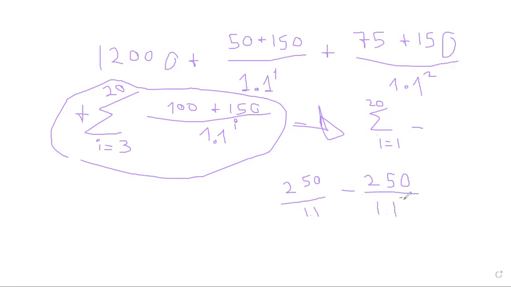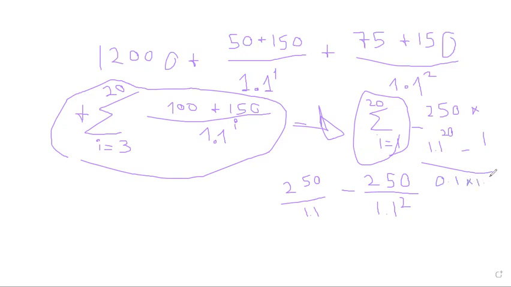And now I can replace this summation by 250 times the geometric expansion, which is 1.1 to the power 20 minus 1 over 0.1 times 1.1 to the power 20.